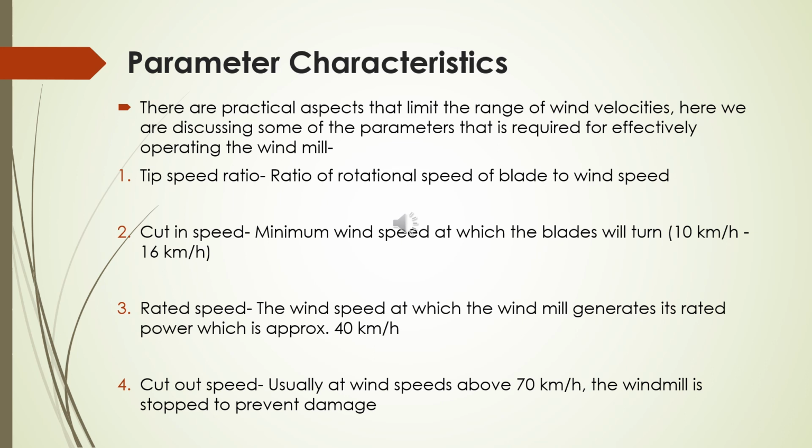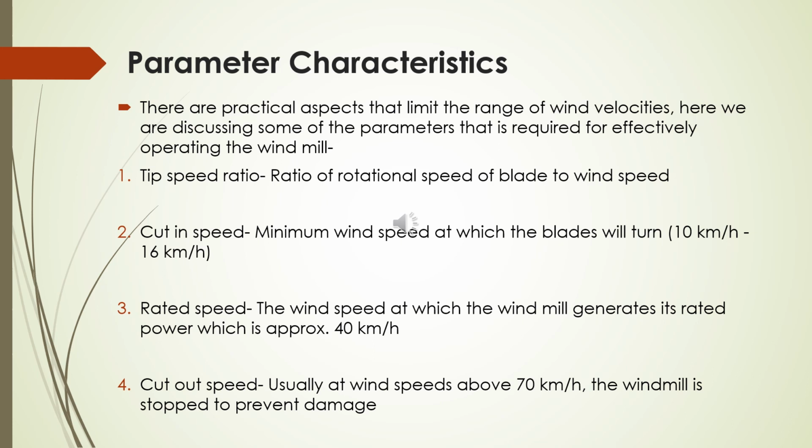It is the ratio of the rotational speed of blade to the wind speed, which means how much the wind speed affects the rotational speed of blade. That ratio defines that value.